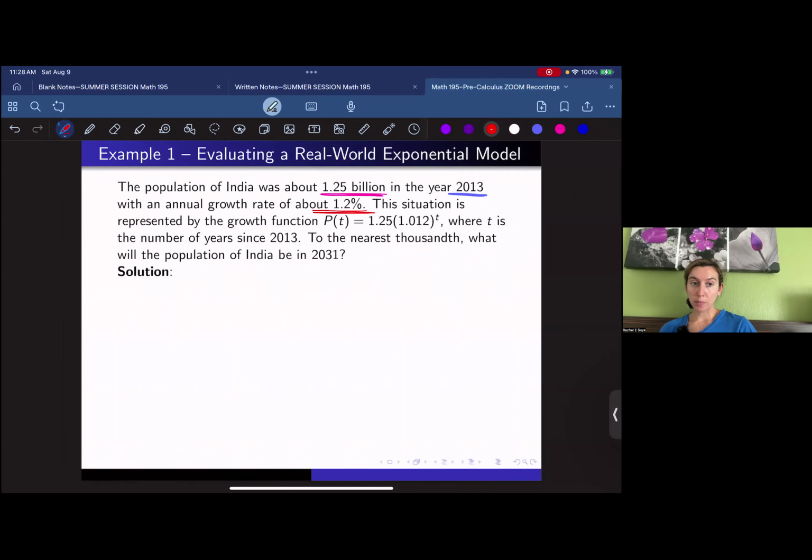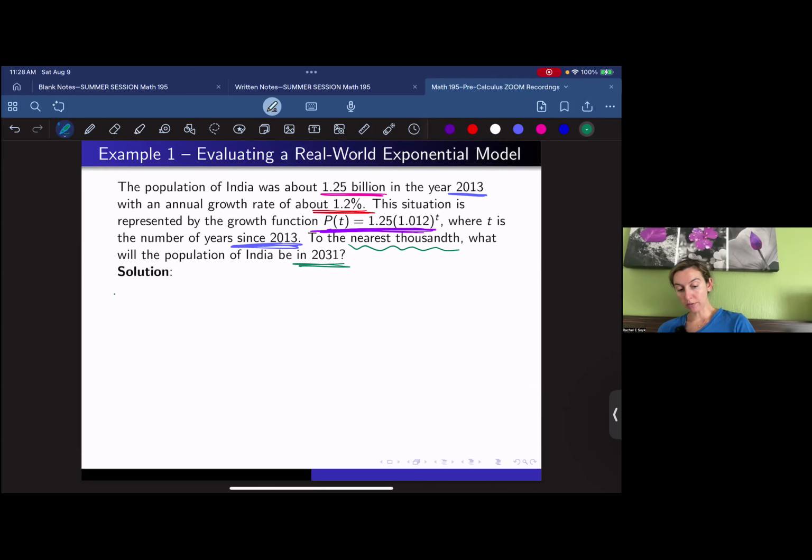The situation is represented by the growth function P of t is equal to 1.25 times 1.012 raised to the t, where t is the number of years since 2013. We want to figure out, to the nearest thousandth, so we're going to be utilizing our calculator in a moment, what will the population of India be in 2031?